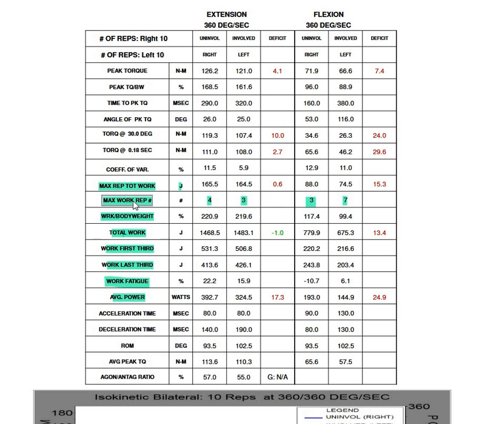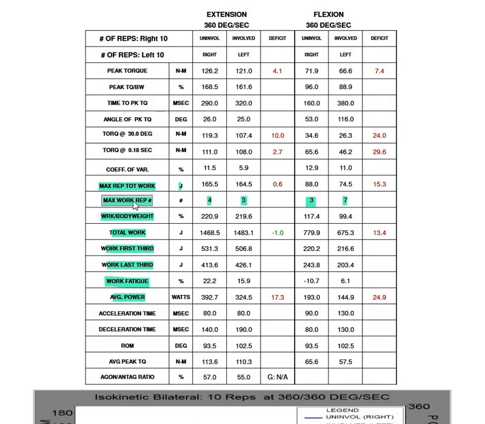It's the number of repetitions that are performed. You could, I wouldn't recommend it, but you could perform a 60 per second angular velocity and perform 10 repetitions if you so wished. So it's not the angular velocity, but it's the number of repetitions which this is really relevant for.